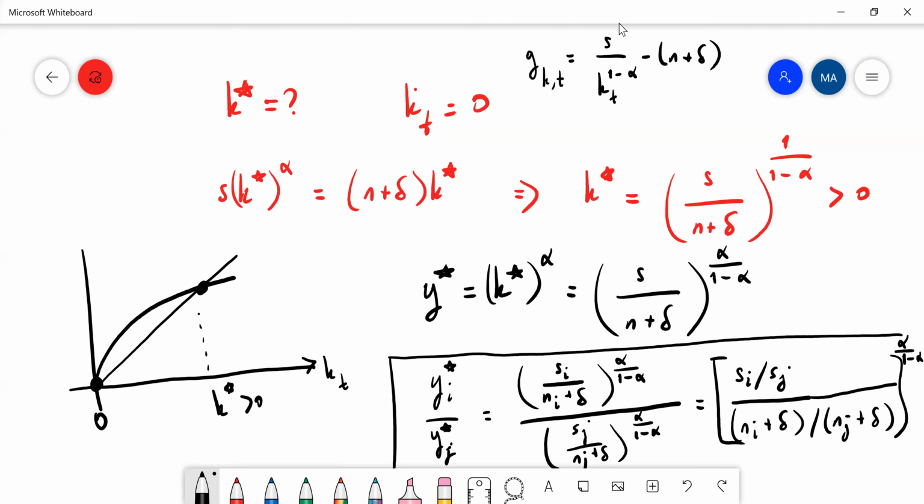If s is large, if the saving rate is higher, and if the population growth rate or the growth rate of the workforce is smaller, then the growth rate of capital stock per worker will be larger. Obviously, because if s is larger, I allocate more resources for capital accumulation. And if n is larger, I need to increase the capital stock more to keep the capital per worker the same, because the population growth rate is faster.